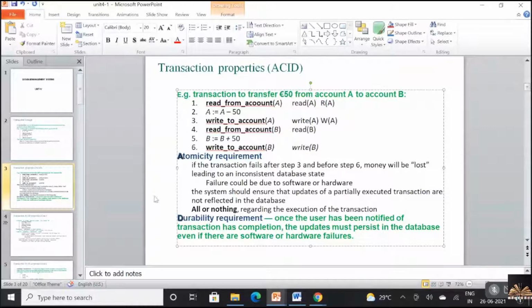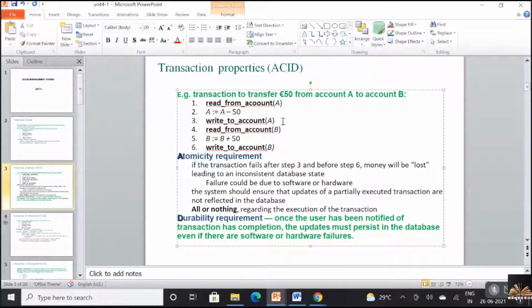Now, talking about the atomicity requirement or the atomicity property. Try to understand what I'm trying to say.